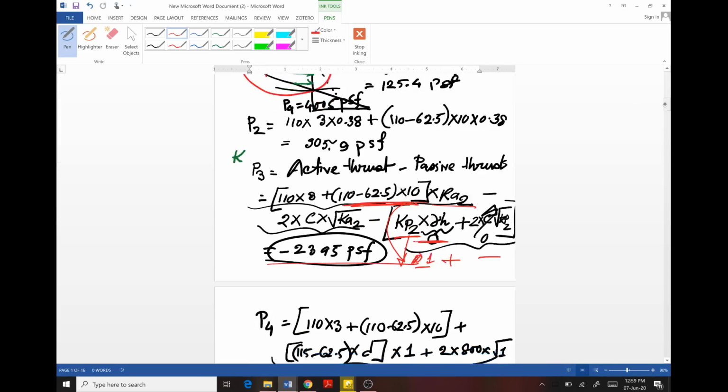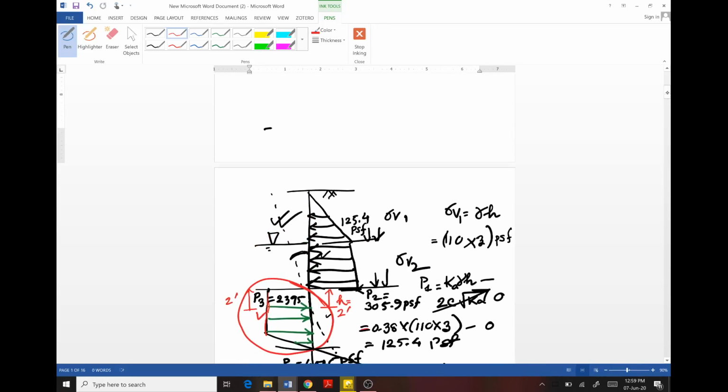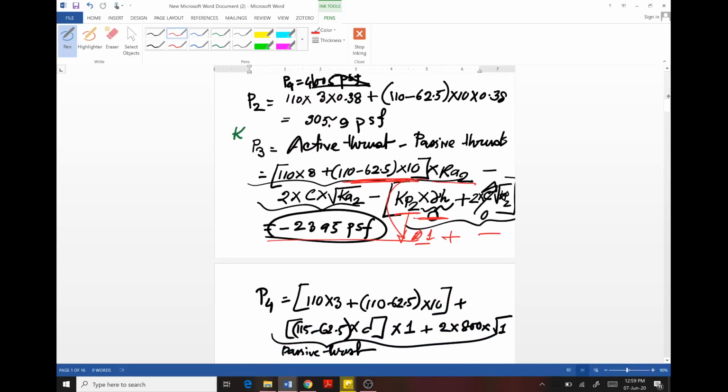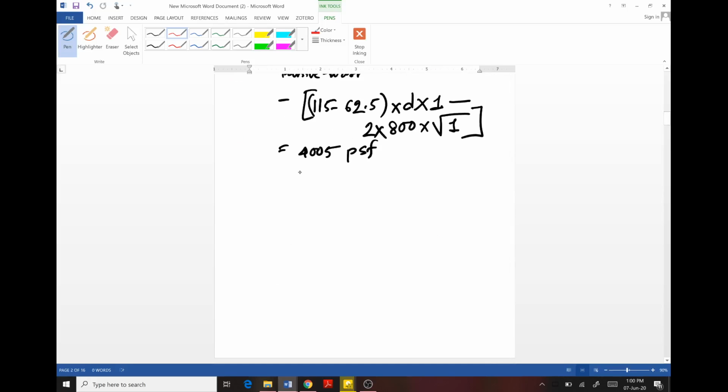And since we are solving the problem in the conventional method, we have determined the value of the earth pressure at the base of the sheet pile, which is P4 equals 4500 psf. So this value we have determined.